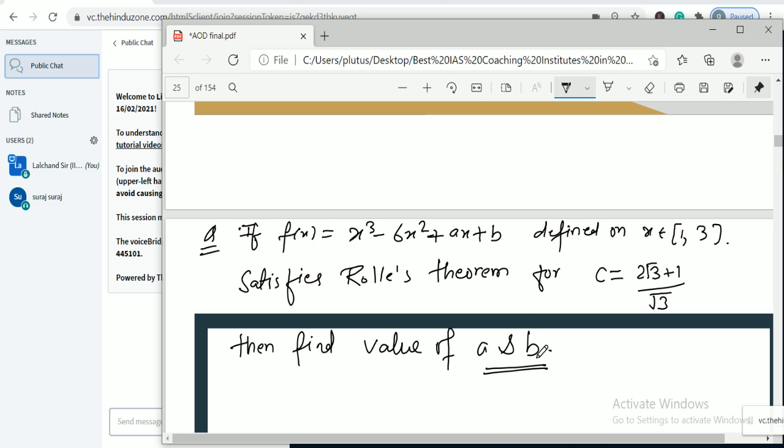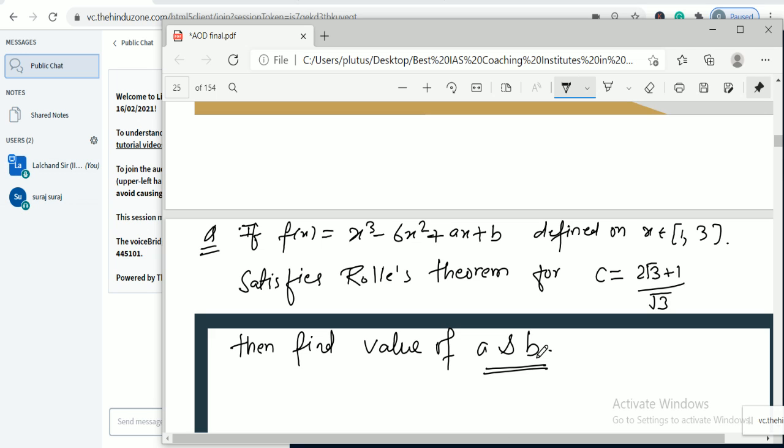Can you simplify this? Take your time and try to solve this question. Okay. So what are the conditions for Rolle's theorem?